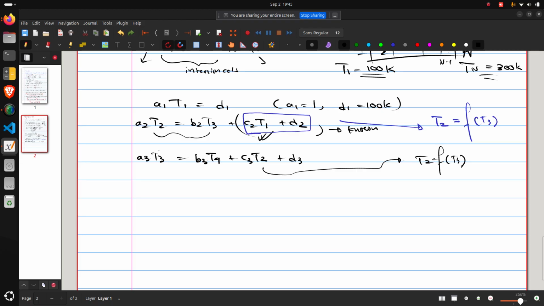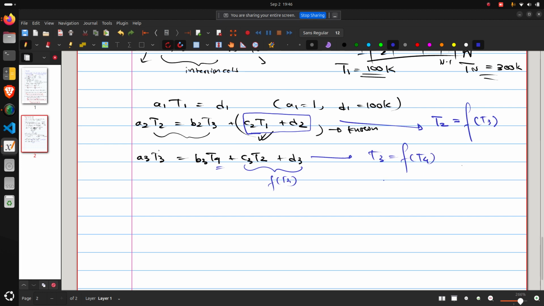Since it is a function of t3, it will be something like alpha t3 plus beta, something like this, right? So we can just take it here, and finally, if we write the t2 in terms of t3, the only unknown will be t4. So we can write that t3 is nothing but a function of t4. Okay, up to this part it's clear.